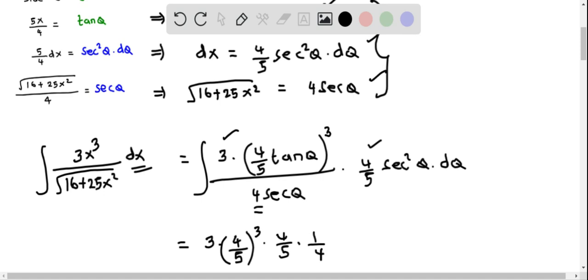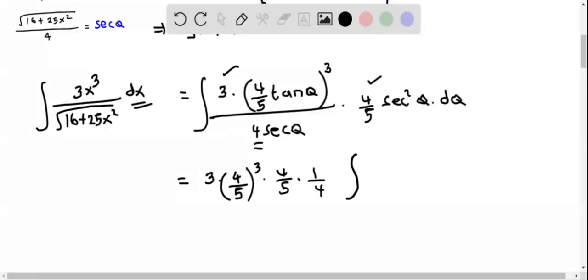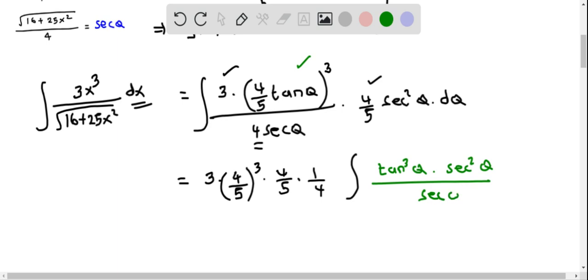So I have collected all the numbers and put them in front of the integral, and inside the integral we will write the expressions. That is, tangent q, quantity cubed, is tan cubed q times secant squared q, the numerator, over in the denominator we have another secant cubed, and then we have this dq.